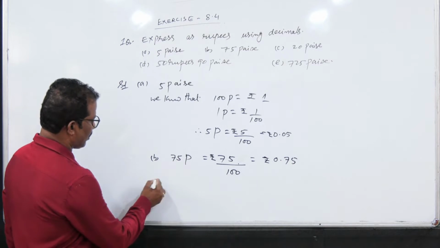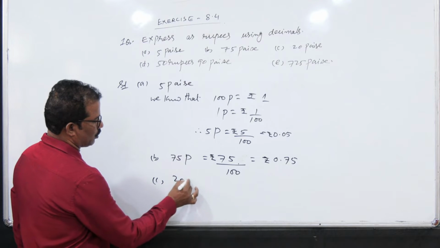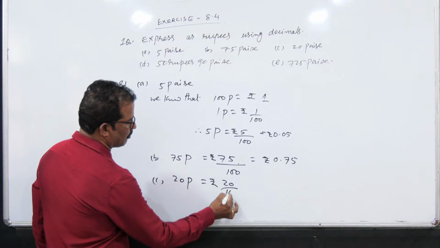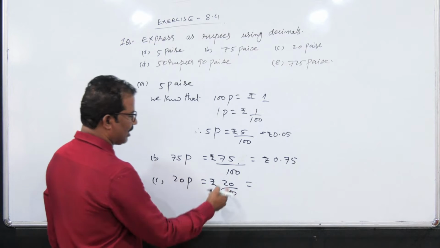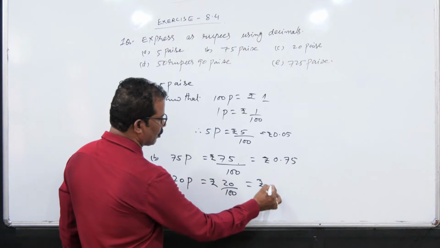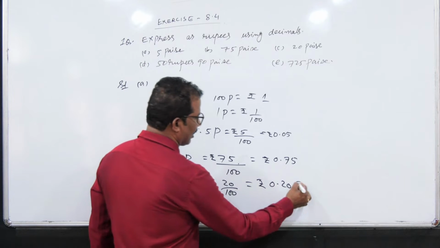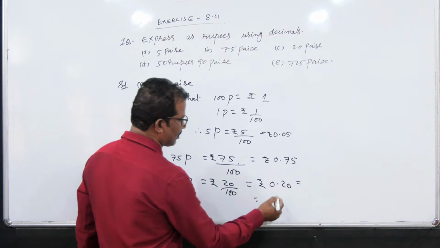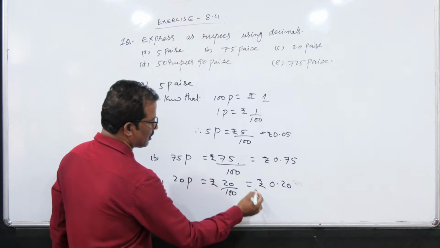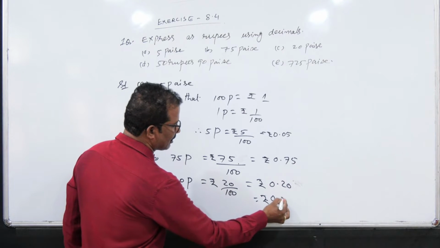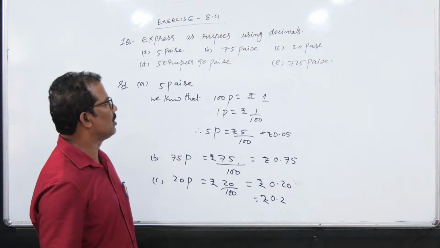In this way, question C, that is 20 paise, which is equal to rupees 20 by 100. If we divide 20 by 100, we get how much? 0.20 rupees. And for this again we can write, after the decimal the last 0 we can omit, and write simply 0.2 only.